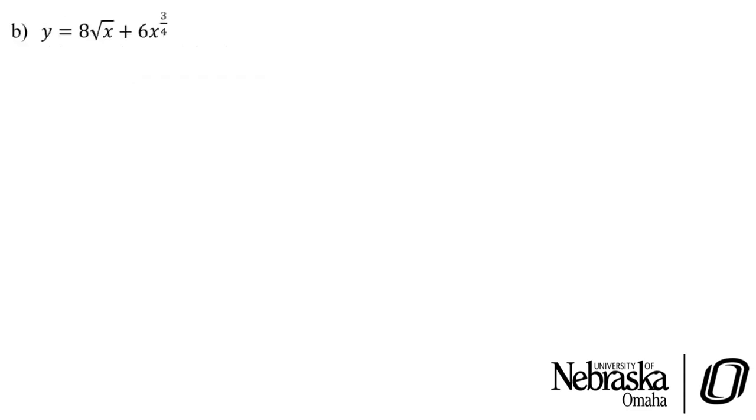Okay, another example. One thing to keep in mind is that the square root of x is equal to x to the 1/2 power. So if we write it as an exponent, we can use the same rule we just discussed. So let's rewrite this: 8x to the 1/2 plus 6x to the 3/4.